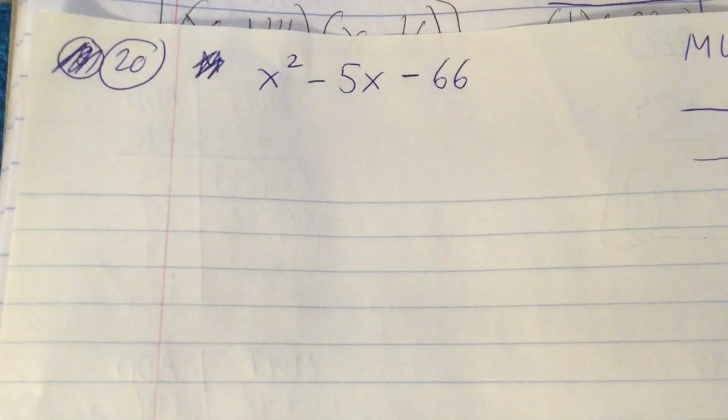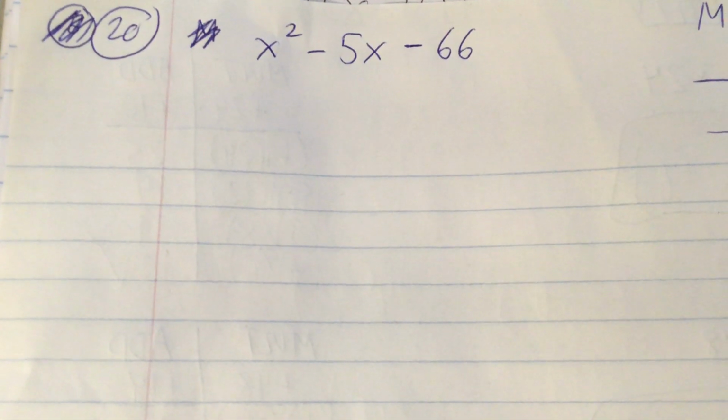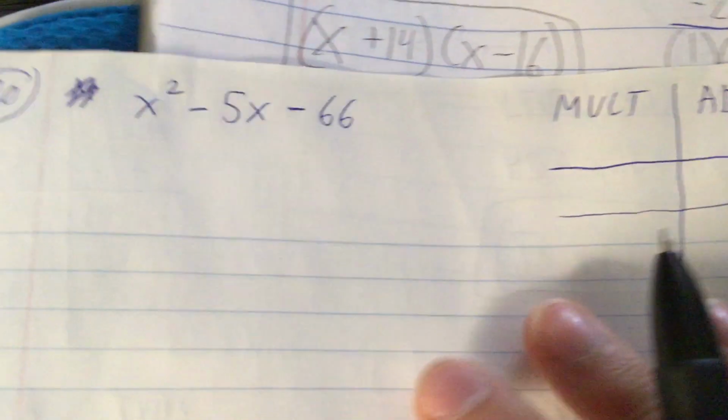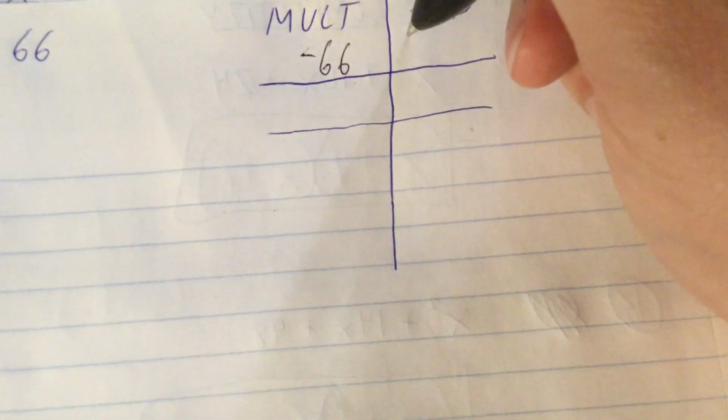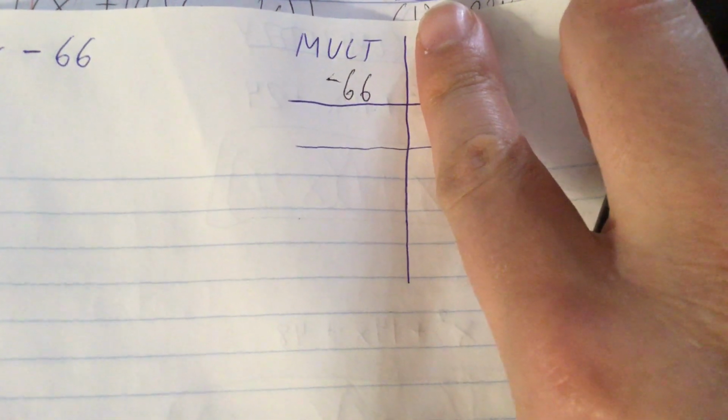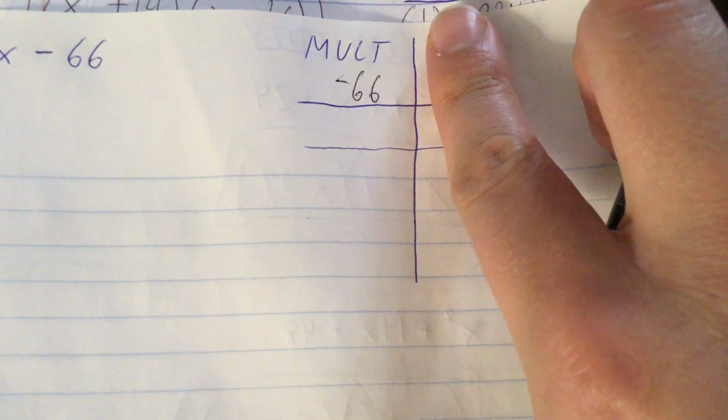Okay, and for the last problem before, let's do x squared minus 5x minus 66. Okay. Two numbers that multiply to negative 66, but add to negative 5. I'm going to cover up the right column and say, how do I multiply to make negative 66 with two numbers?